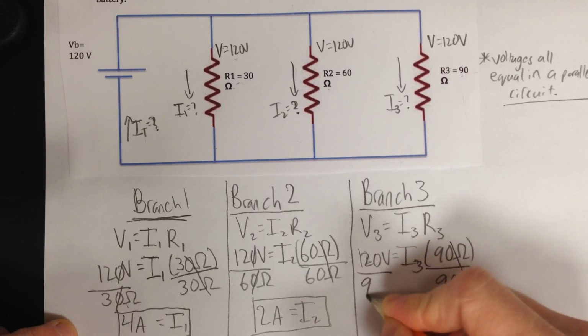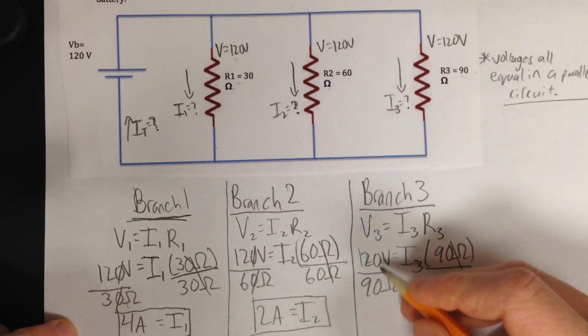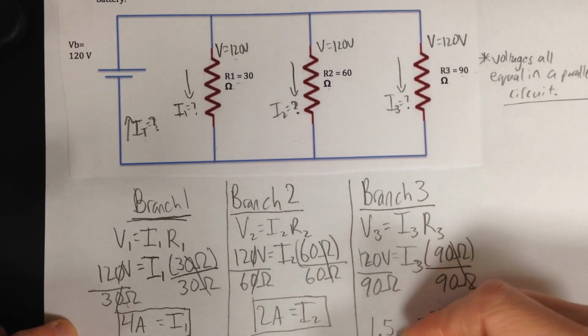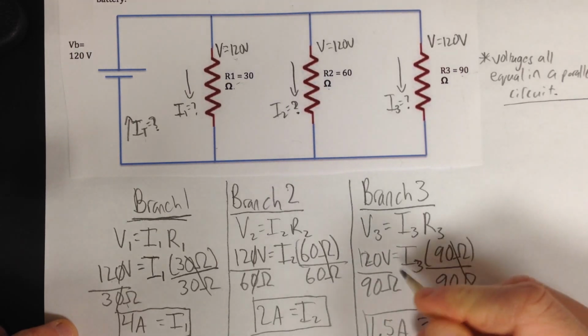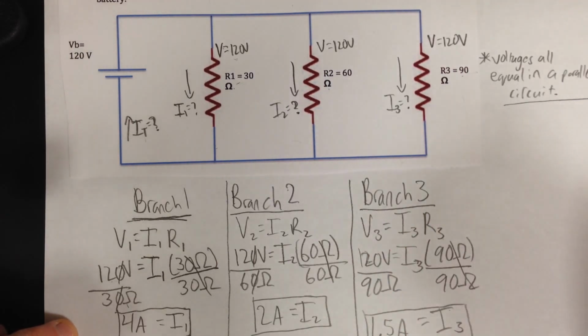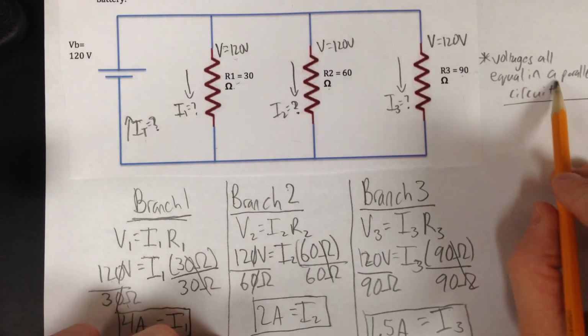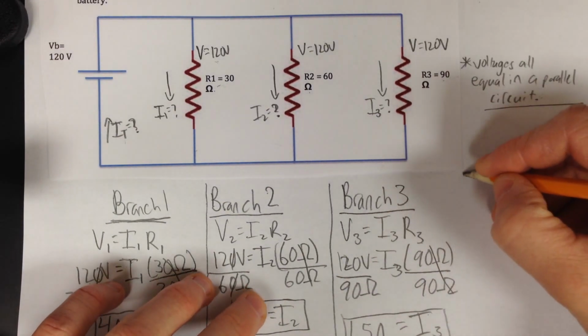Divide both sides by 90, and you'll get current 3, which is 1.5 amps when you divide 120 by 90. Okay, so those are your currents in each branch, and it really helped us to know that voltages are all equal in a parallel circuit to do that.